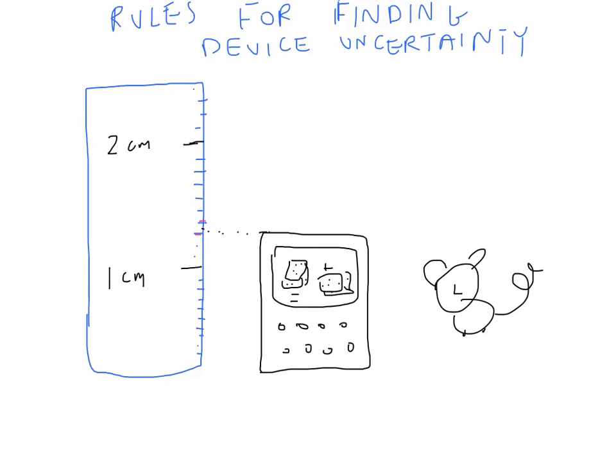The halfway point is right here, and it's just under. The mouseculator is just a little bit under the halfway point between these two tick marks. The lower of the two tick marks, we count up 1, 2, 3, is 1.3 centimeters. The next one is 1.4.